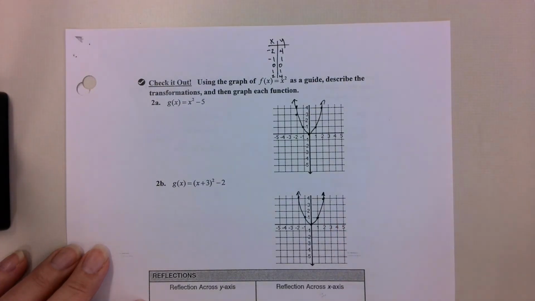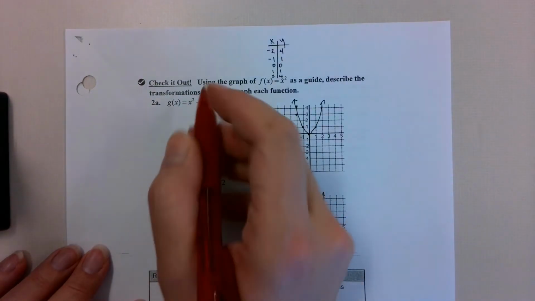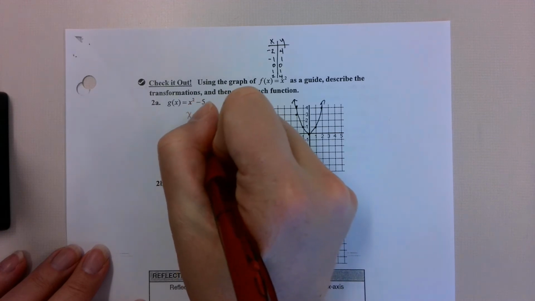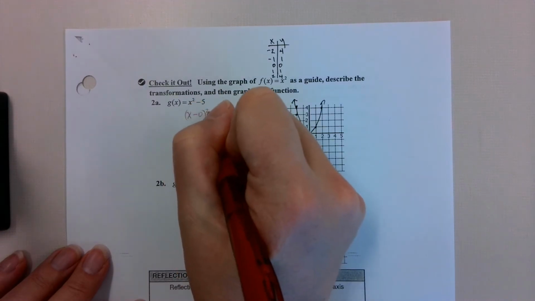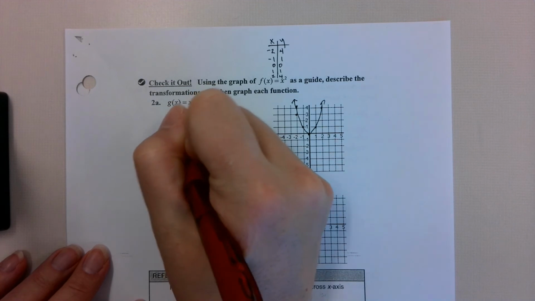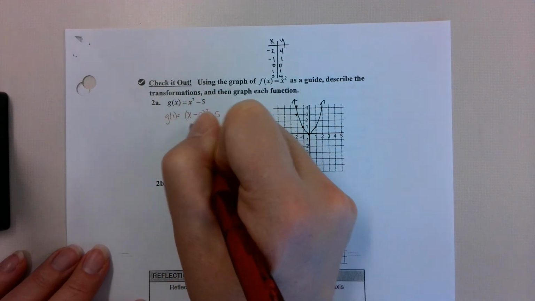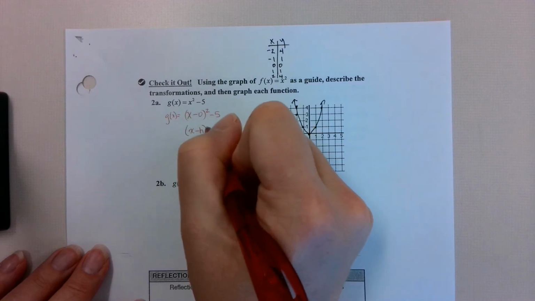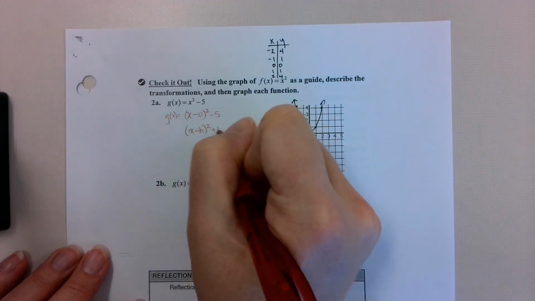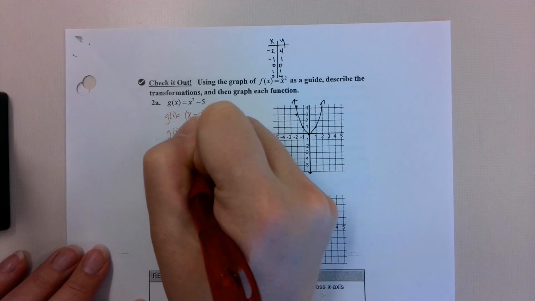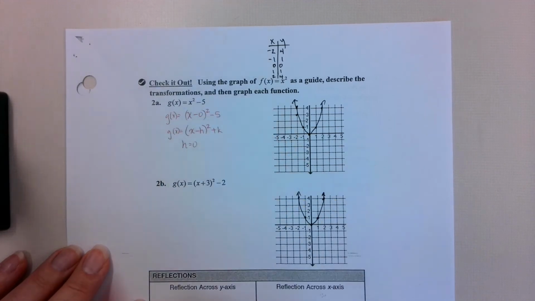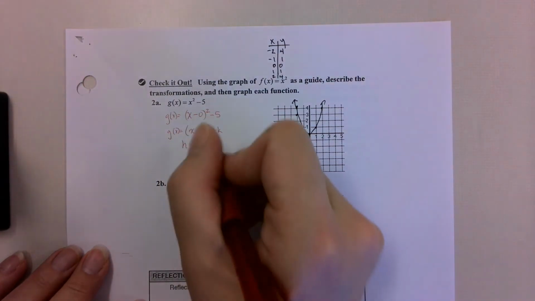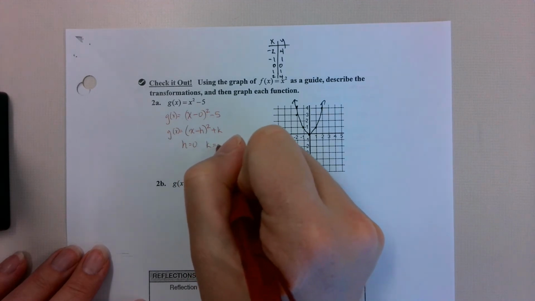Okay. Now, notice this one has no change with x. It'd be the same as writing x minus 0 squared minus 5. So if you think about that, and we go back to the parent function and those changes, this is what it looks like. So h is 0, so that means we don't shift it left or right, and k is -5.